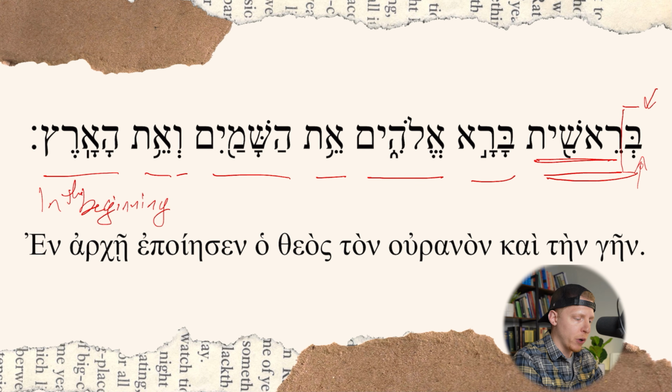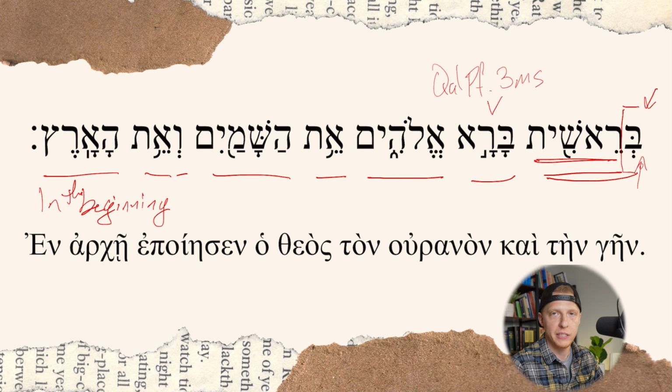Then we come to our verb, bara. This is going to be a qal perfect, third masculine singular. Notice that we've got no endings, no suffirmatives, and we've got nothing on the front to tell us that this is imperfect, so it's a classic qal perfect 3ms.